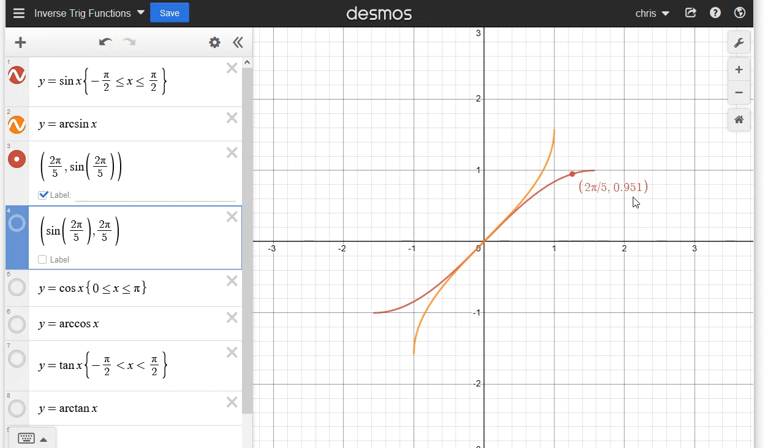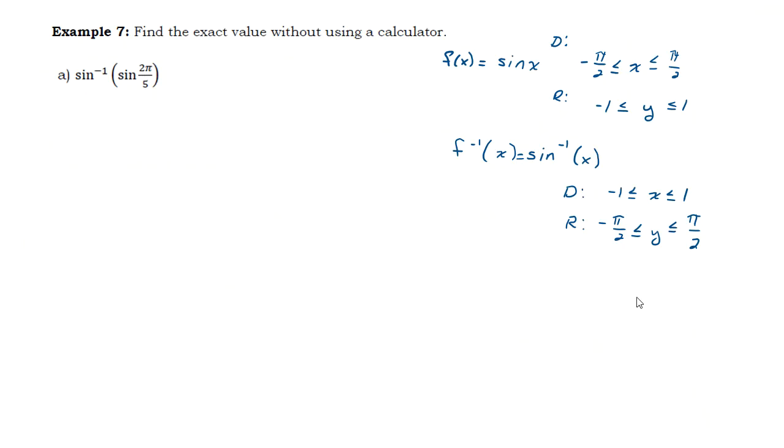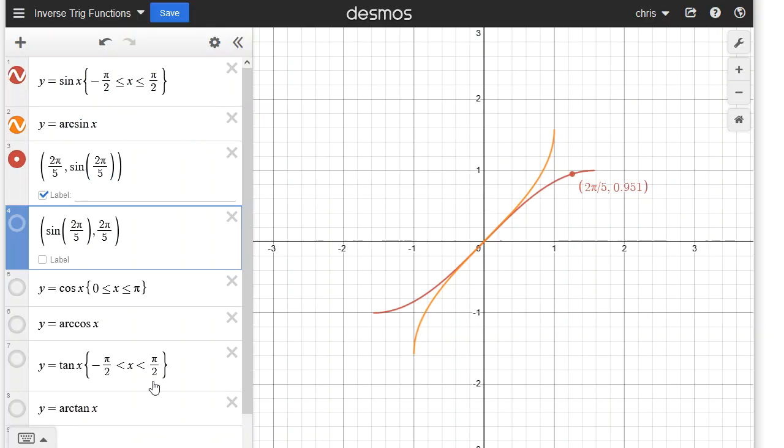Now, we don't have to know that in order to answer this question, but let's just jot this down. From the graph, we can tell that this output is about 0.951. So now the idea is we're going to take 0.951 and put it into the inverse sine function. But let's think about what that's going to look like.